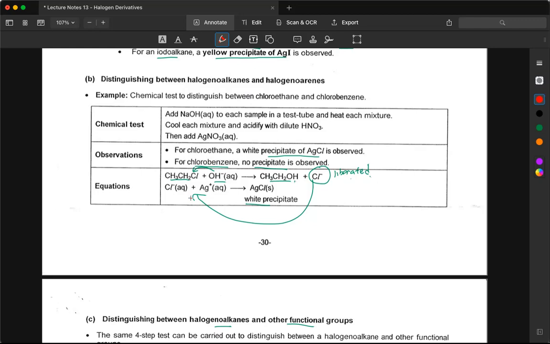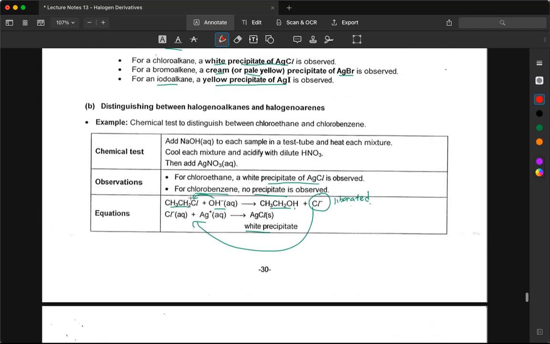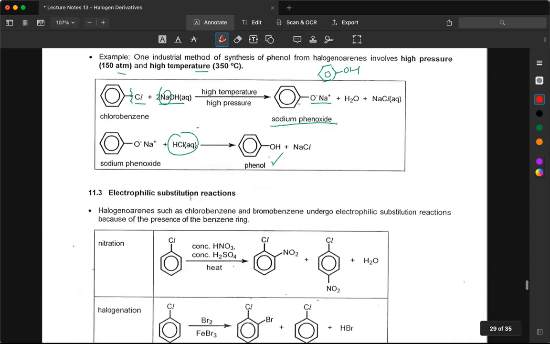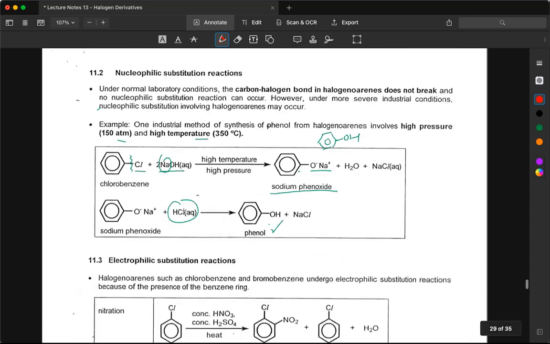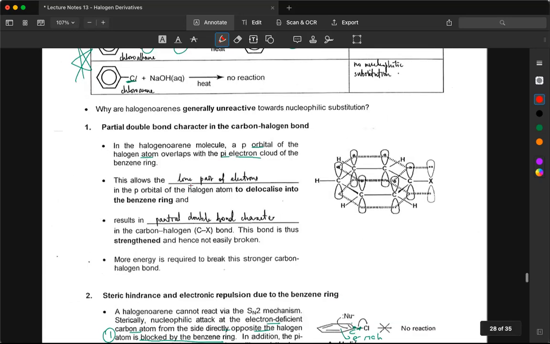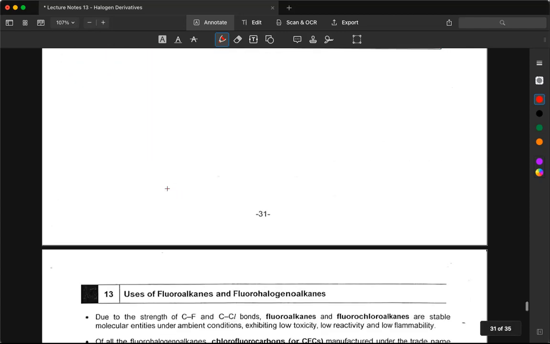If it's chlorobenzene, no precipitate forms, because chlorobenzene will not react with sodium hydroxide; there's no nucleophilic substitution. We went through that before.